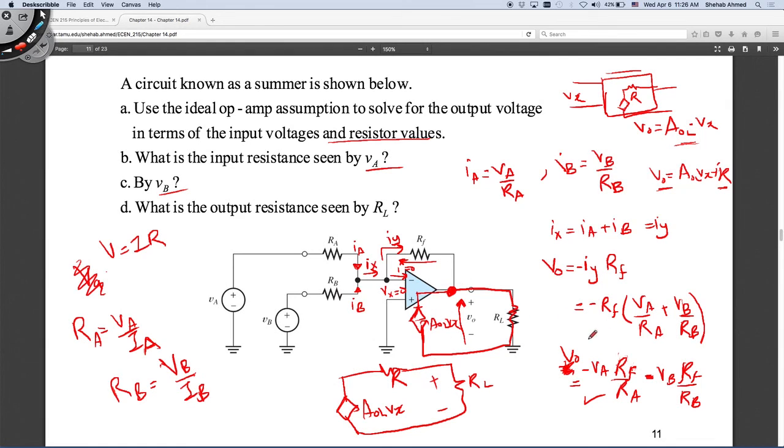If I change the value of current here, is this output voltage going to be affected? It will not be affected. It will never be affected because I have a voltage AOL times Vx here. So what is the output impedance, the resistance seen by RL? How do you calculate that?